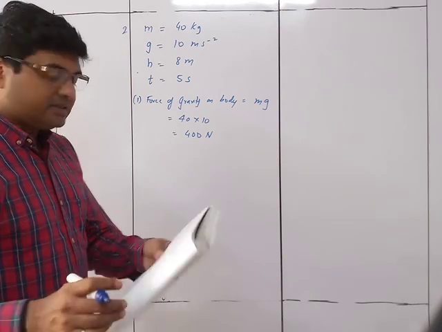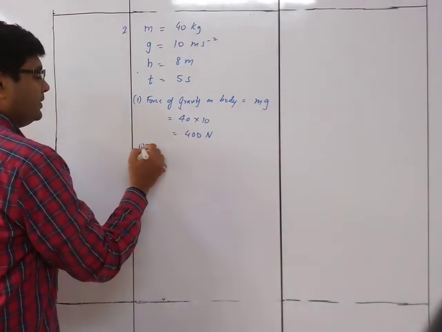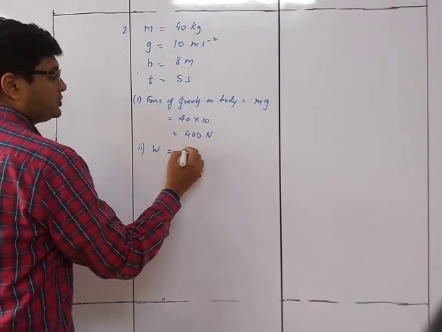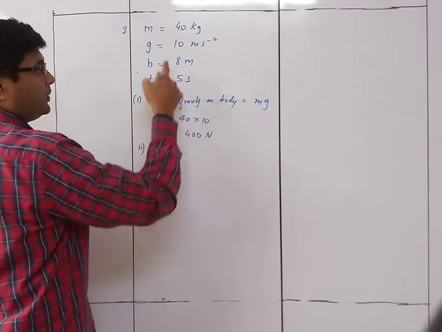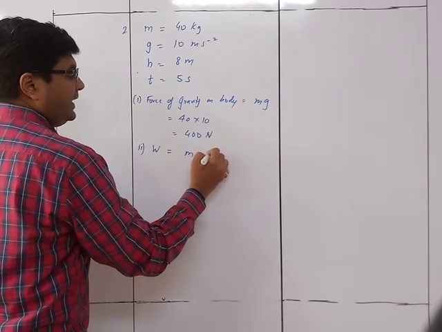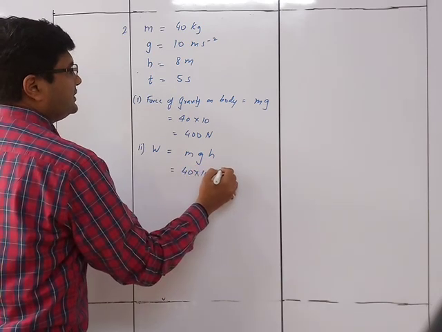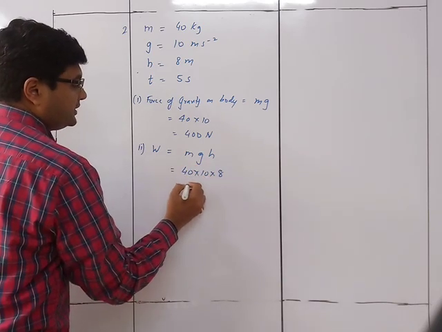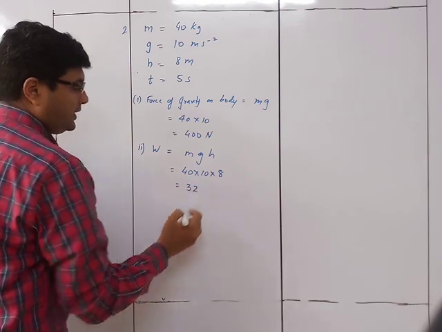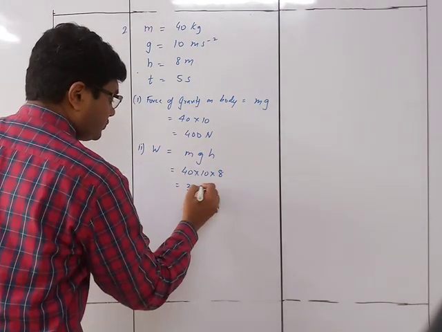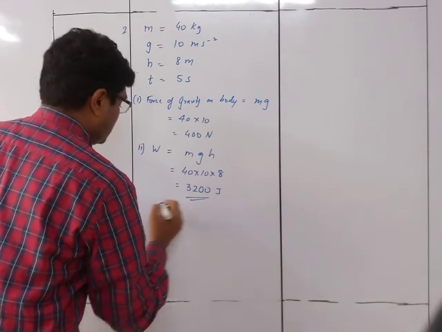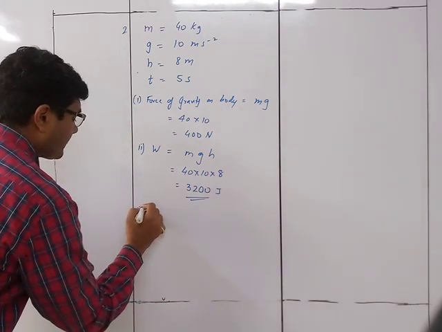Work done by him against the force. The second one is work done. W is equal to mgh. That is nothing but 40 into 10 into h, which is 8 meters. So it is 3200 joule.